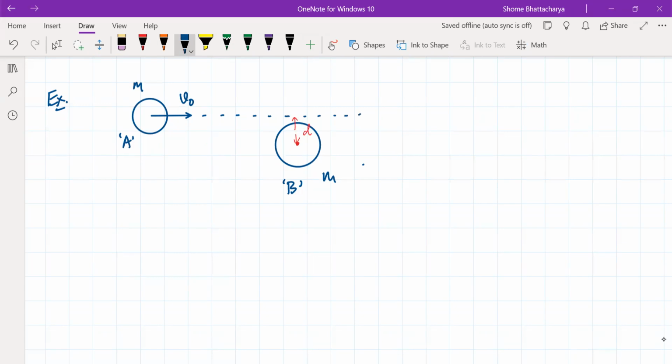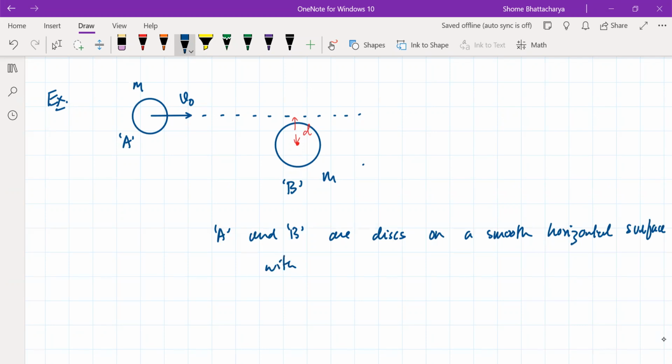Okay, so first of all, A and B are disks like carom coins on a smooth horizontal surface, with mass of A equal to mass of B. But their radii are different.